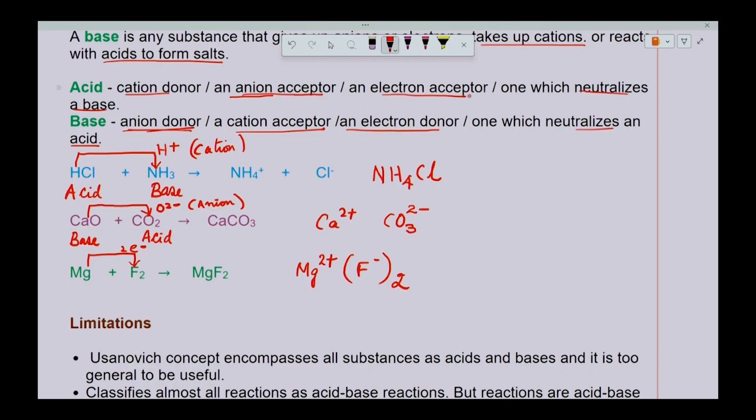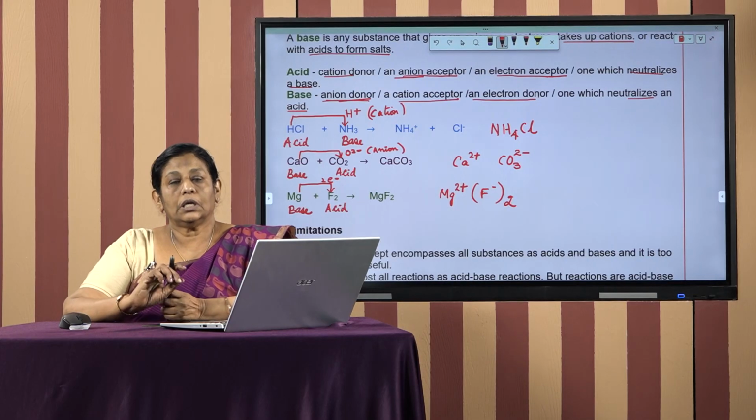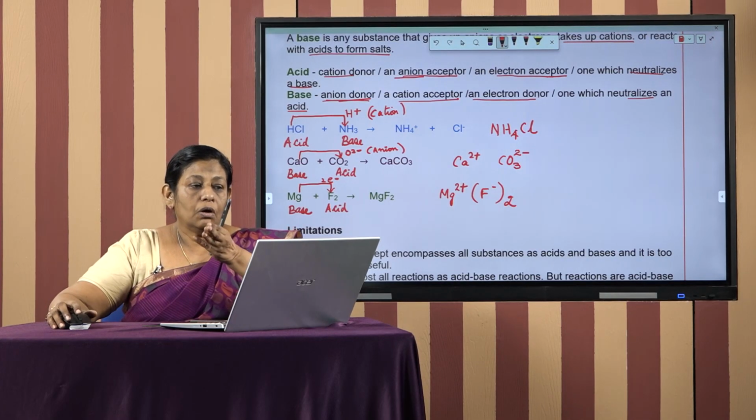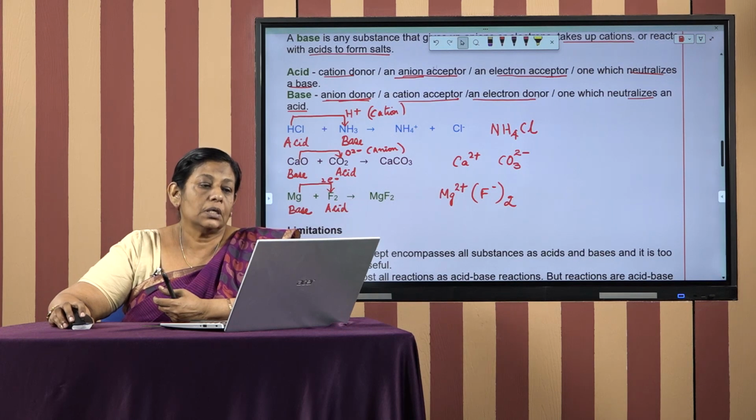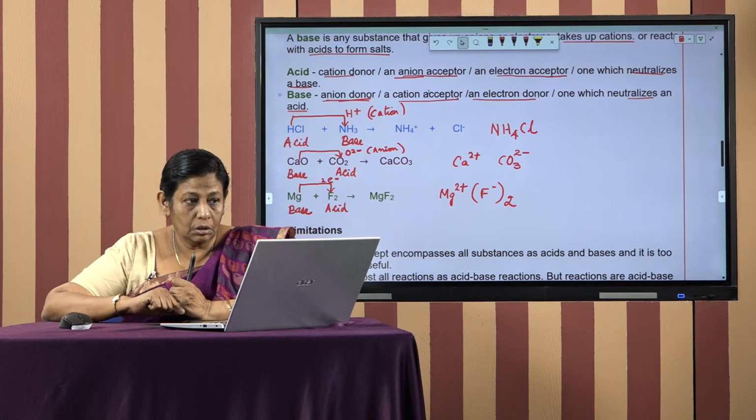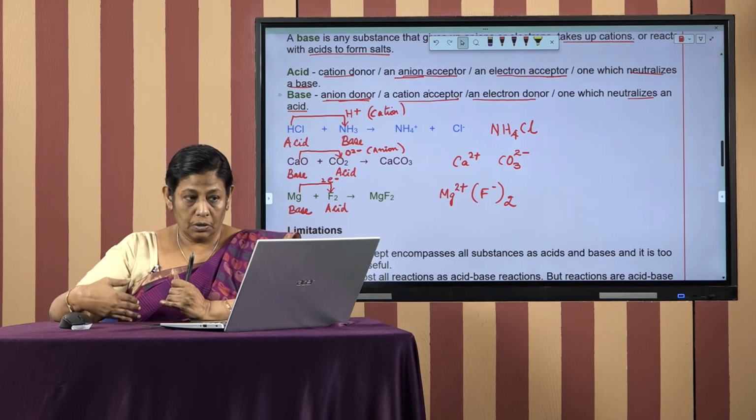Electron acceptor is an acid. Who accepted it? Fluorine atom, and therefore, this is an acid. Magnesium donates, and electron donor is a base. So, that is the concept. Now, according to this concept, it is a broader one in which it can be either a cation donor or cation acceptor.